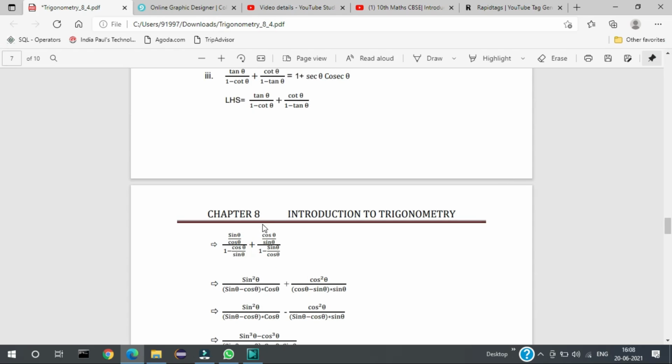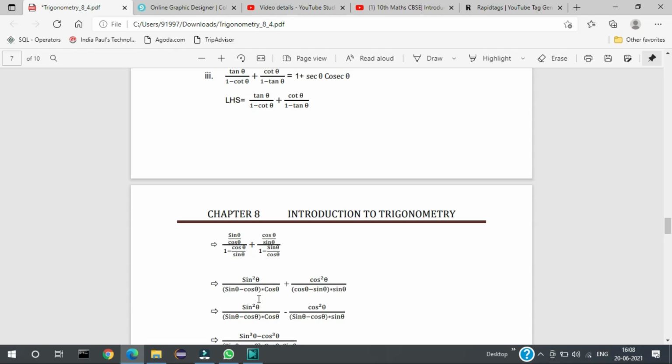So on solving these, we will get sin square theta by (sin theta minus cos theta) into cos theta, plus cos square theta by (cos theta minus sin theta) into sin theta.